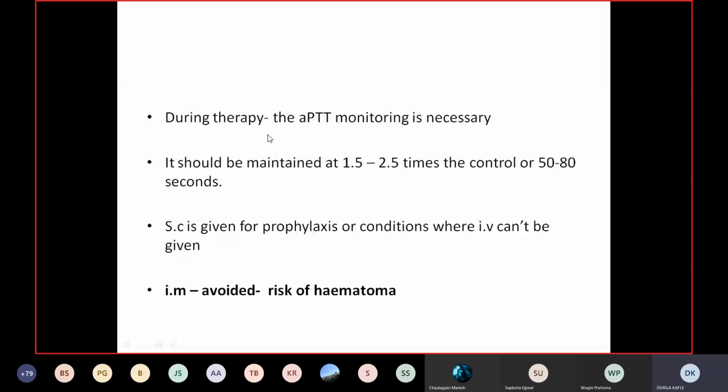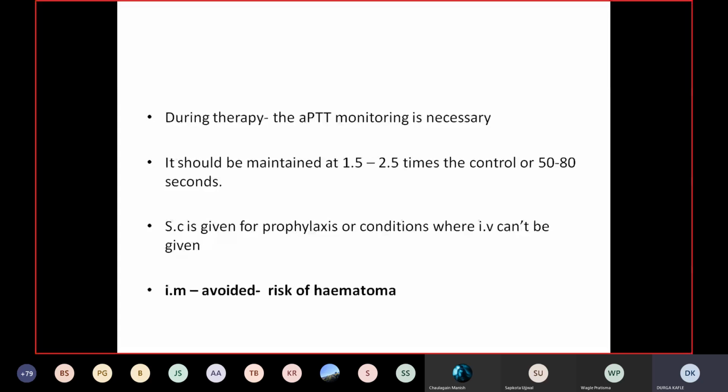When this APTT level is increased, it shows that there is a defect in the intrinsic factor. This is a type of screening test, mostly to know the clotting time. If you withdraw the blood from your body and keep it in a glass bottle, and after adding some reagents, you can see the clotting time of that blood. What is the normal clotting time of the blood?